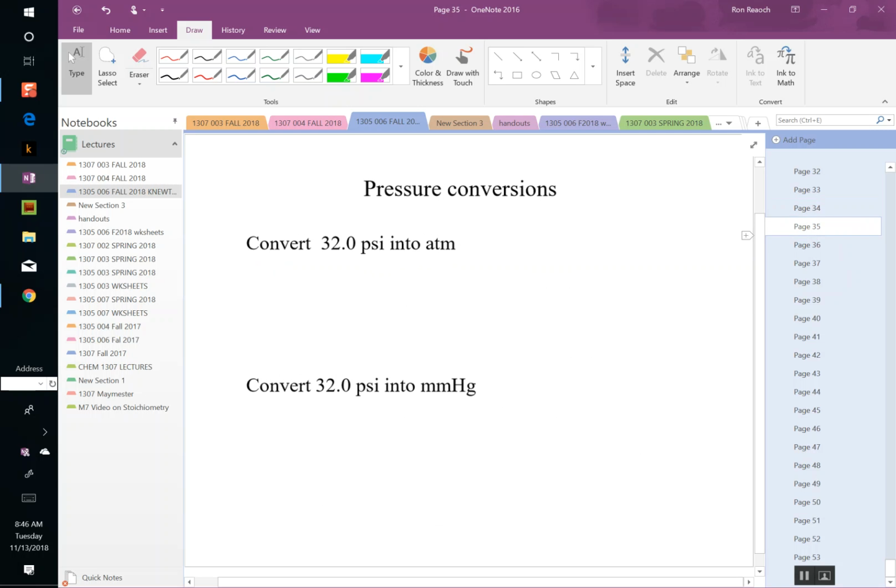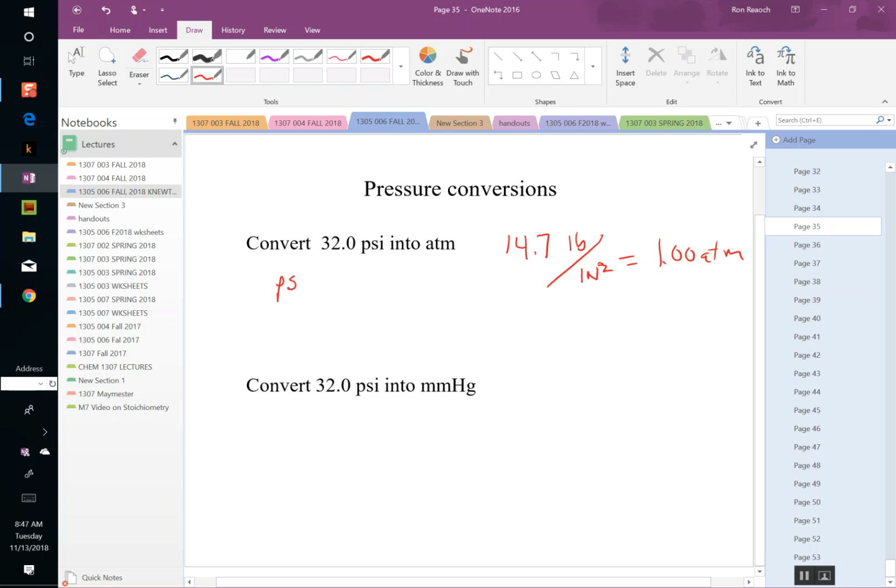Let's just see what they are. There's a bunch more problems here, converting different pressures. This is 14.7 pounds per square inch equals 1 atmosphere. So if you had to convert PSI into atmospheres, you need that.